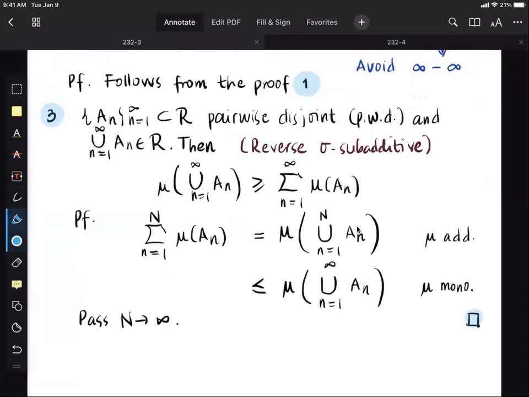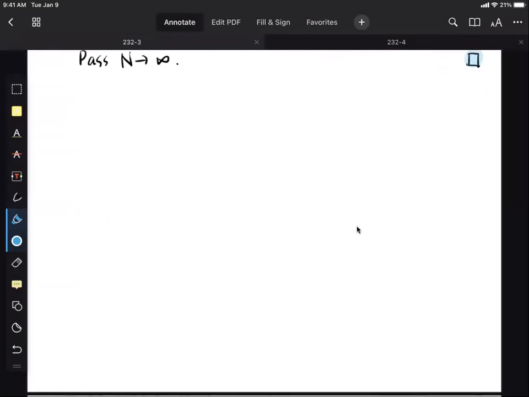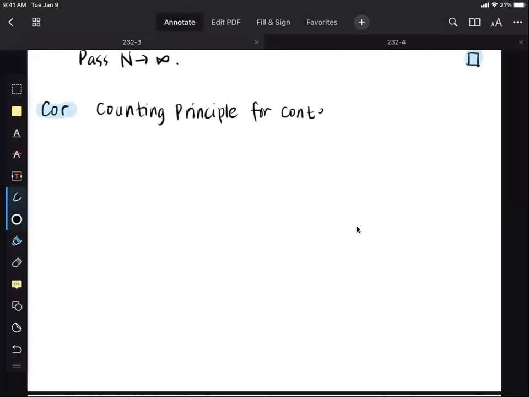So in particular, we have the following direct consequence of this theorem. So we have the following corollary. This is the counting principle for contents.